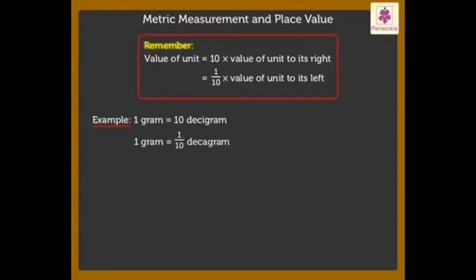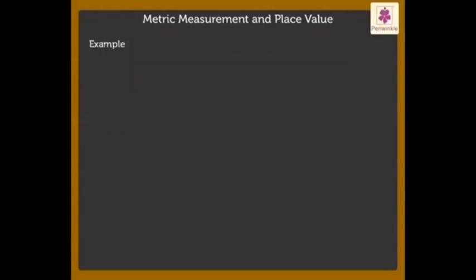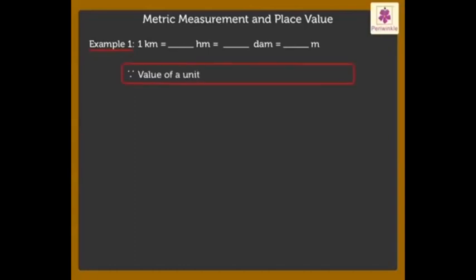Now, based on the table, let us solve some examples and find the relation between a few units. Let's find the relation between kilometer, hectometer, decameter and meter. We know that the value of a unit is 10 times the value of the unit to its right. Therefore, 1 decameter is equal to 10 meters. 1 hectometer is equal to 10 decameters.